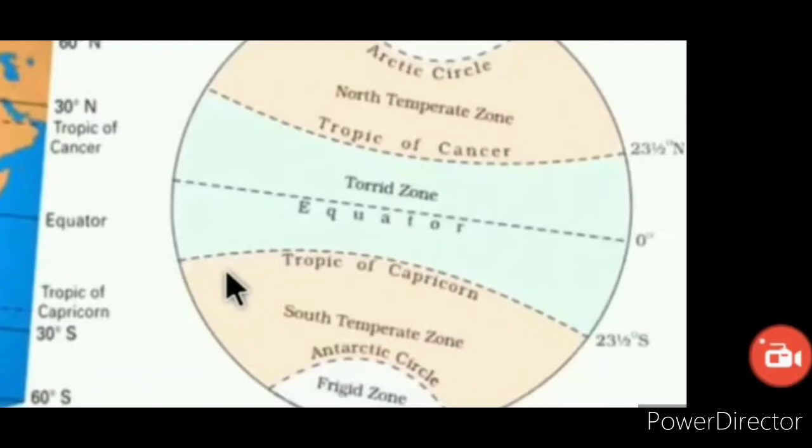Now we can see, as we move beyond the Tropic of Capricorn and the Tropic of Cancer, this is called the temperate zone.